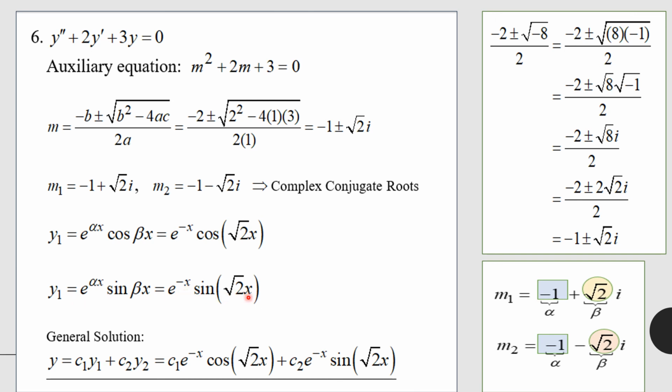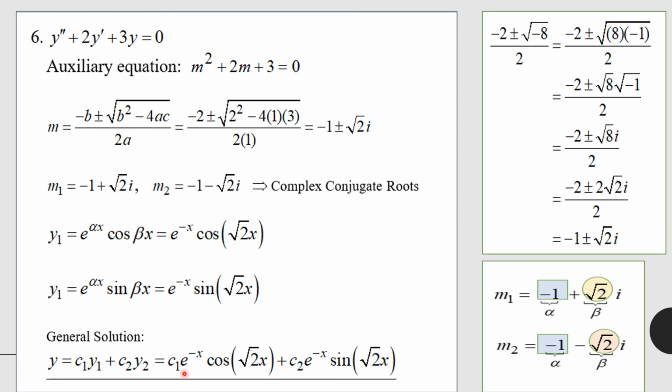Notice that a complex root must always be in pair with its conjugate, and the solutions are as follows. If one of them is in terms of cosine, the other must be in terms of sine. Cos and sine always come together, and the alpha must be the same for both, and the beta must be the same for both. Now we already got y1 and y2.